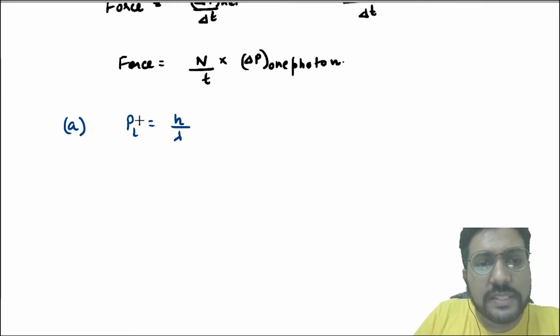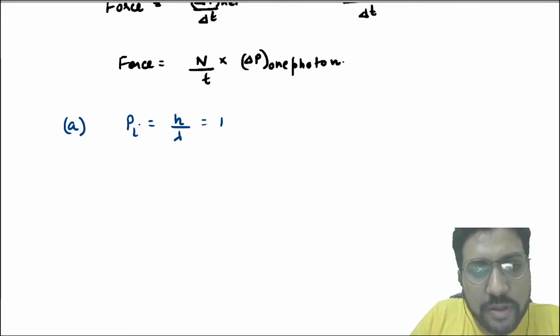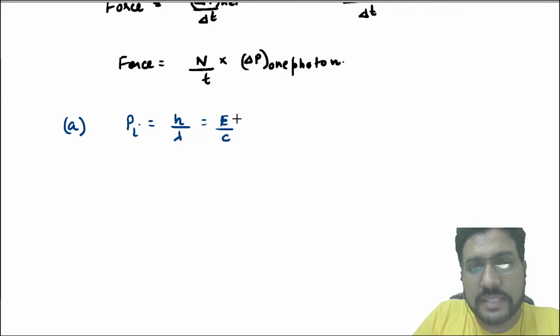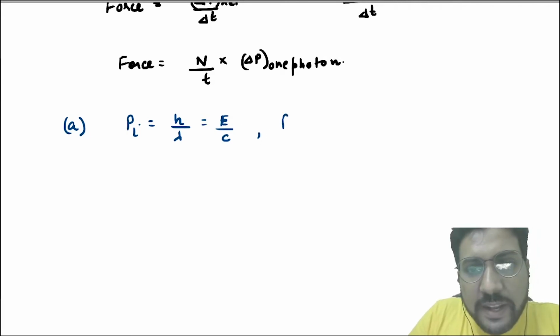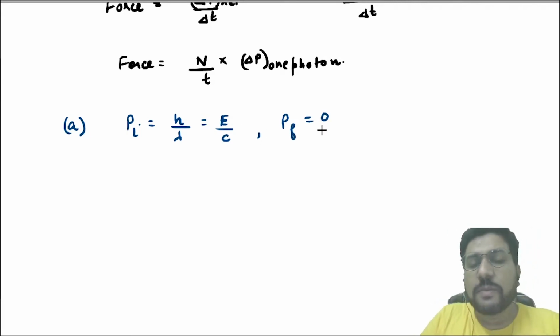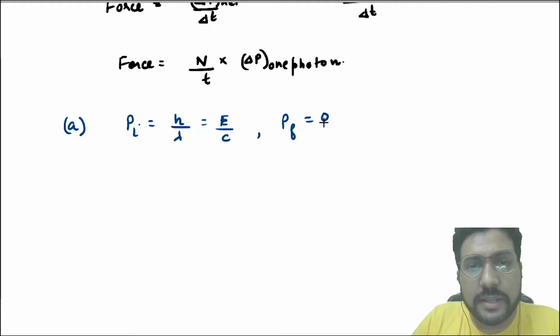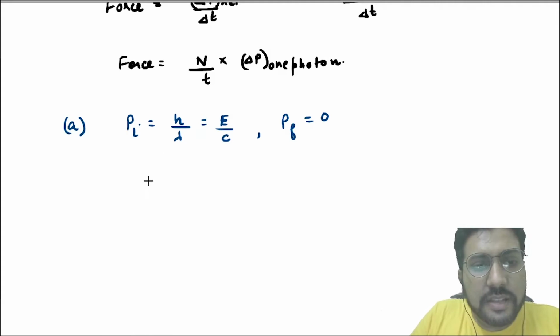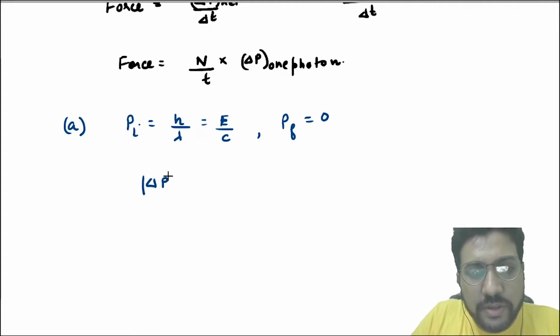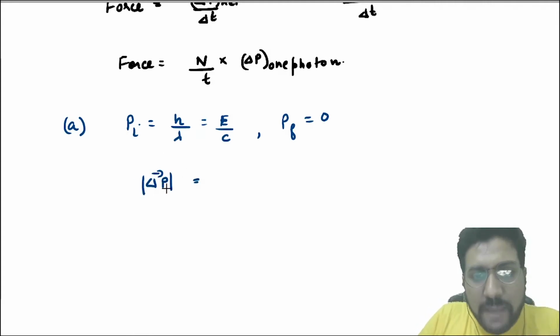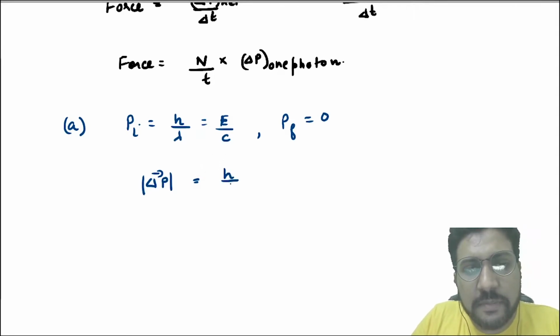The momentum of a photon is equal to E by c, and E can be written as hc by lambda, so c cancels and you get momentum equal to h by lambda. The final momentum is 0, because the photon has been absorbed and destroyed. So the magnitude of the change in momentum is h by lambda.